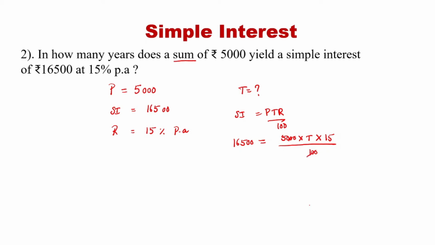The zeros get cancelled, and 15 cancelled how many times in 165? 11 times, and 110 times. Now 5 cancelled how many times? 2 times, again 2 times, so T value equal to 22 years.